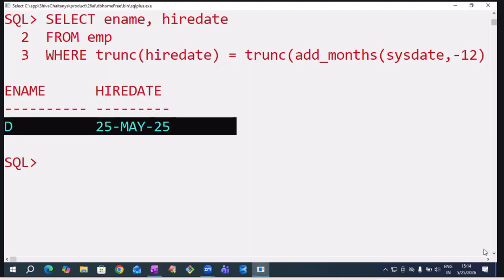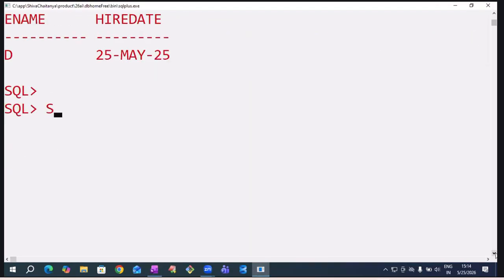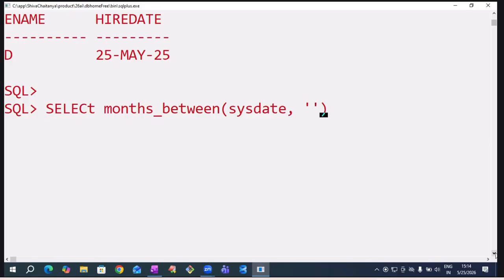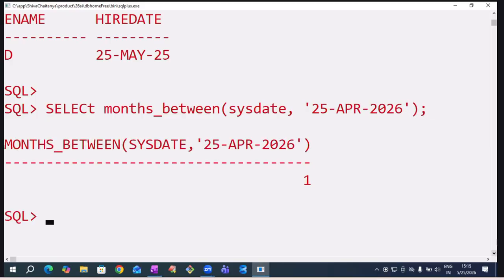This one only I'm showing. Observe now. Is our discussion correct or not? Select months between, sys date, comma, one month ago date I'm giving, 25th April 2026. From this date to today's date, 1 month gap is there.